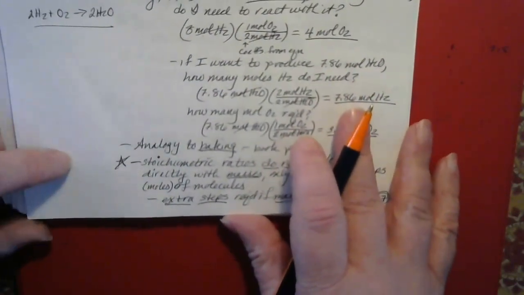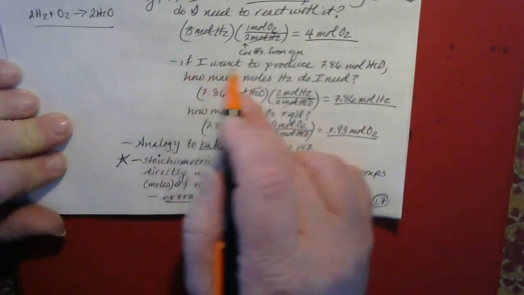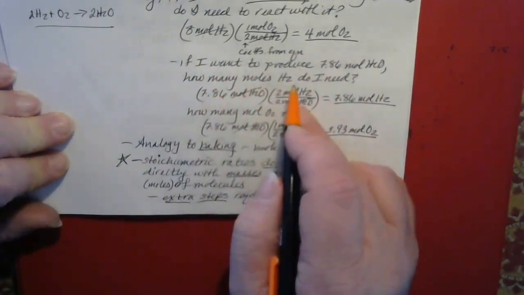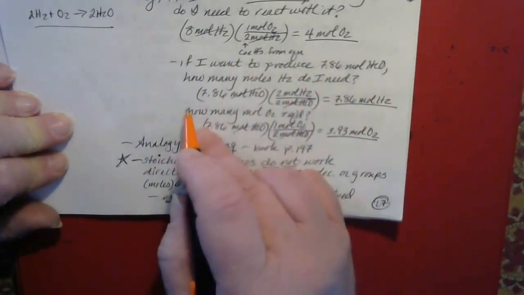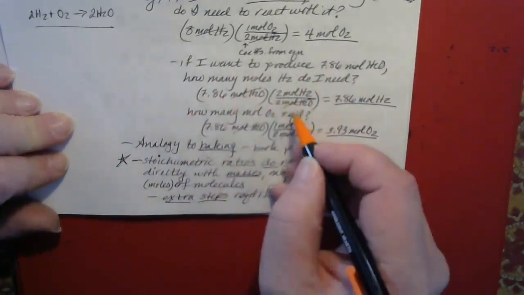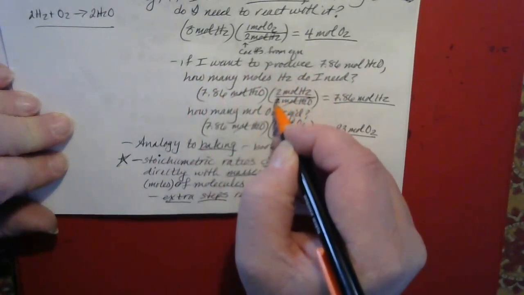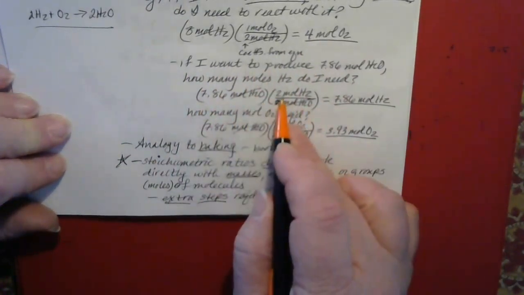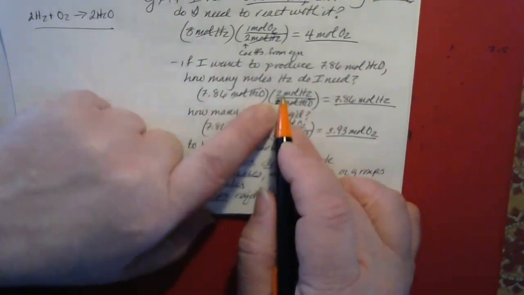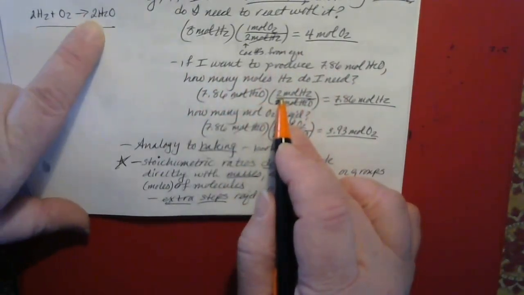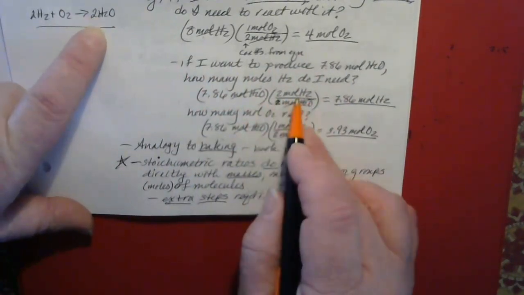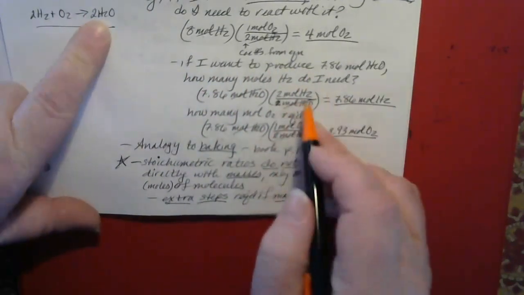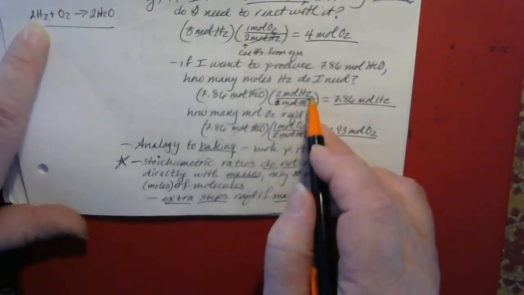So to use numbers that maybe aren't quite so obvious, if I want to produce 7.86 moles of H2O, how many moles of hydrogen do I need? Well, actually, this is pretty obvious because it's going to be the same. It's a 2 to 2 ratio. 7.86 moles of H2O times the coefficient of what you're going to, which is 2 moles of H2.